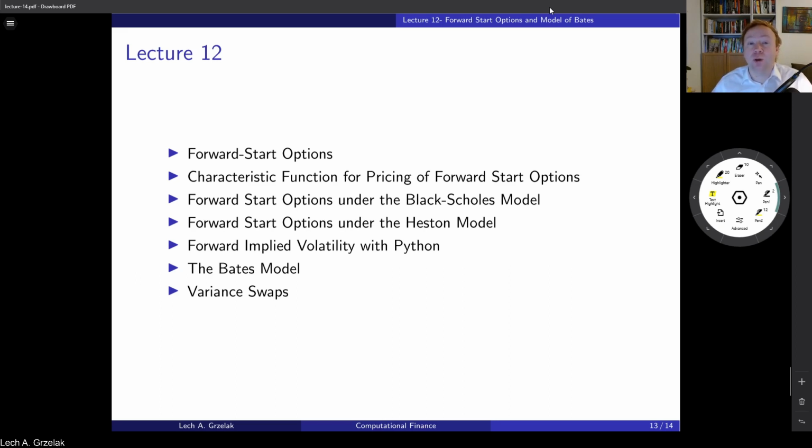However, we are looking for the value from the perspective of today, which seems to be maybe a little bit of a difficult concept. For the Black-Scholes model, we were able to find the characteristic function and also the evaluation of the forward start options analytically. And once we also derived the characteristic function for the Heston model, we were able to price options with that.